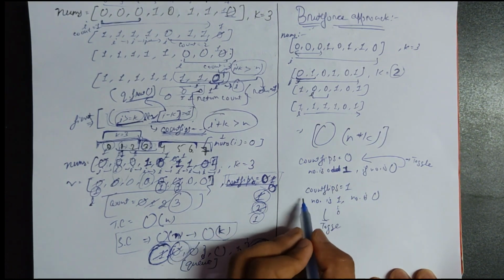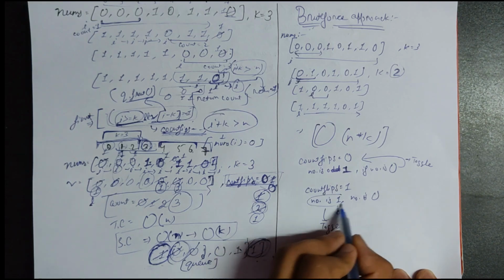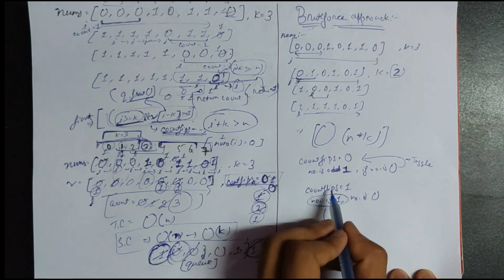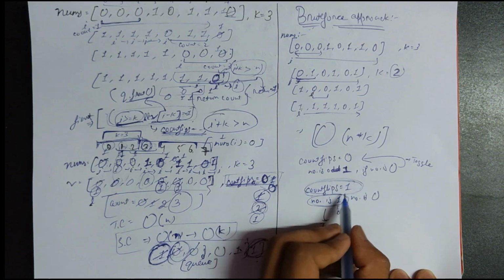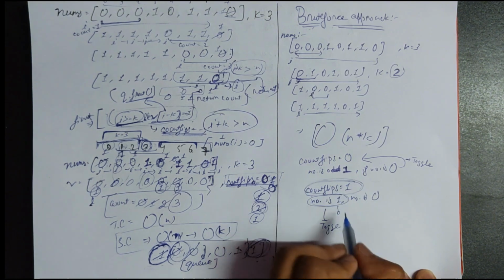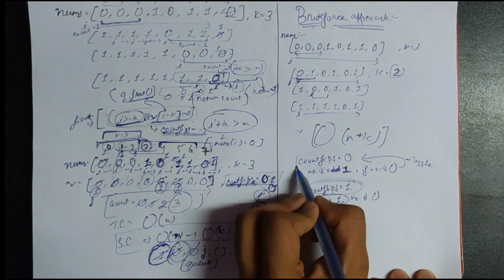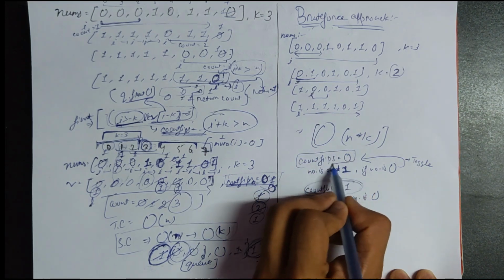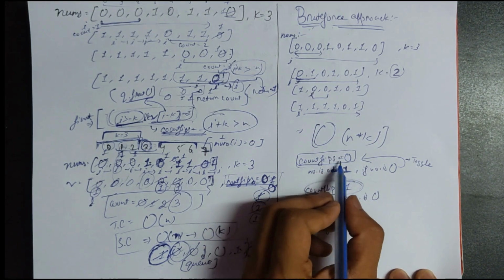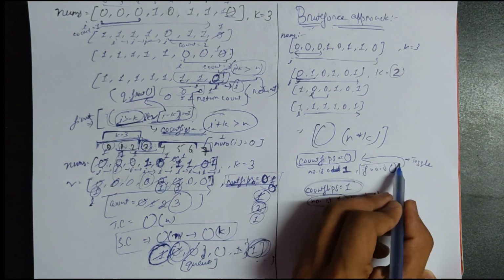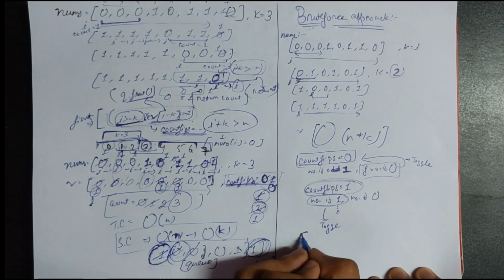So you can simply see if the number is 1 and the value of count flips modulus 2 is also equal to 1, which means it is an odd number, we have to toggle. And also in this case you can see if the value of count flips modulus 2 is equal to 0, which means the count flips is an even number and the number is 0, we have to toggle. So what formula can we write?